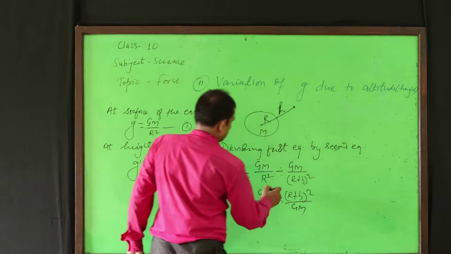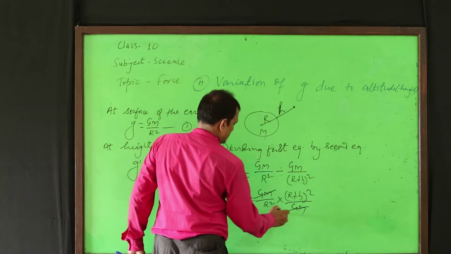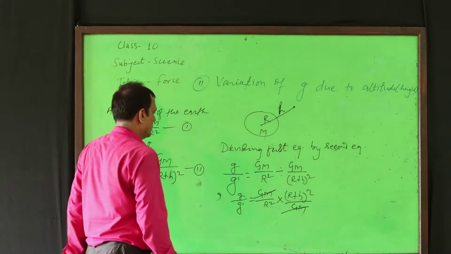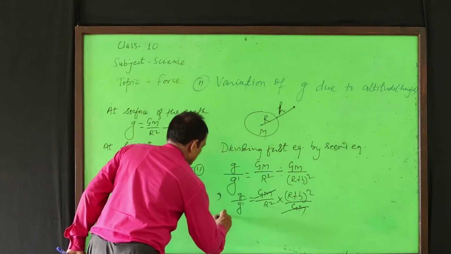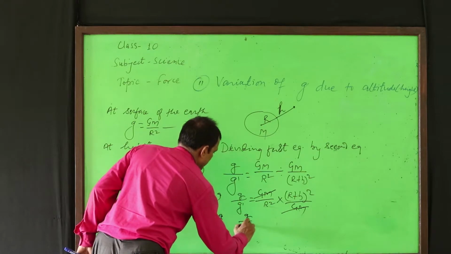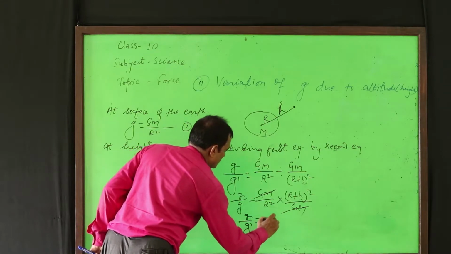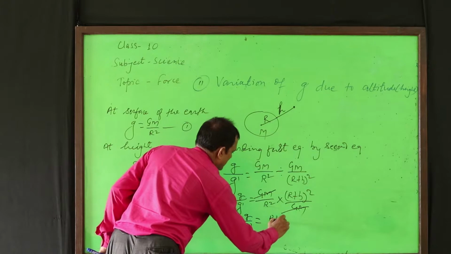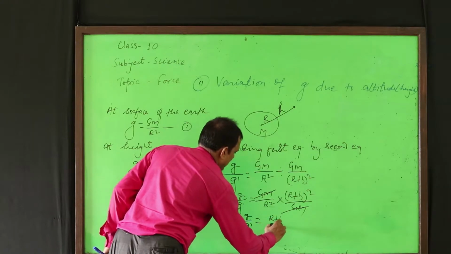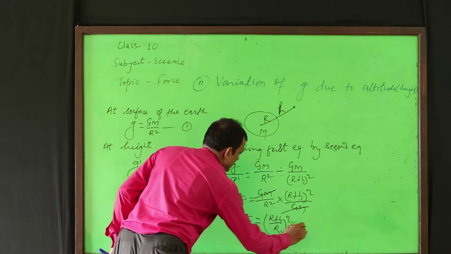This capital G and M cancel by this one, or g by g dash equal to R plus H by R whole square.